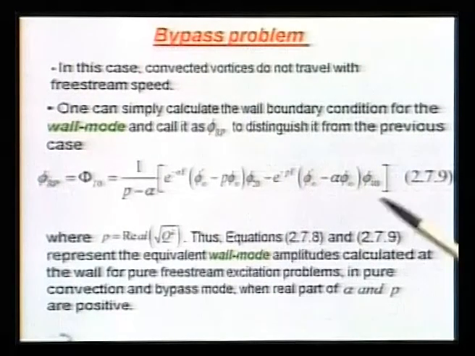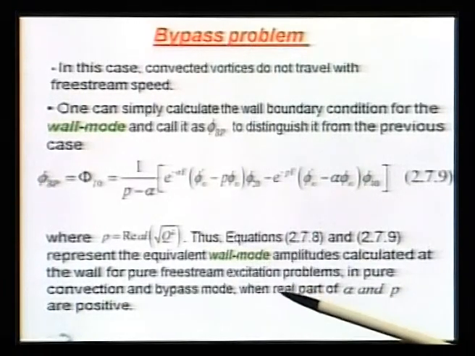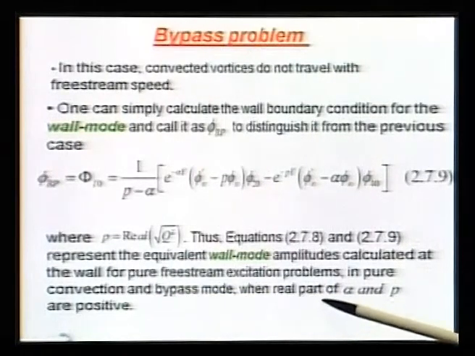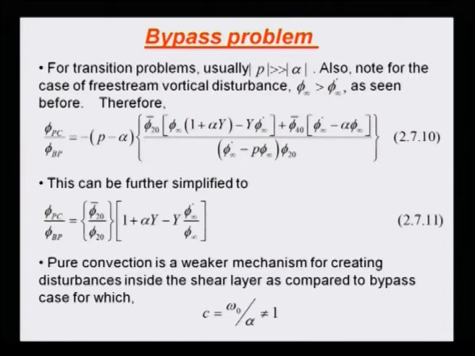This equation that we have talked about created some kind of equivalent wall mode amplitude in pure convection and bypass mode when the real parts of alpha and p are positive. If they are not so, we can change the condition appropriately and work out an alternative expression.